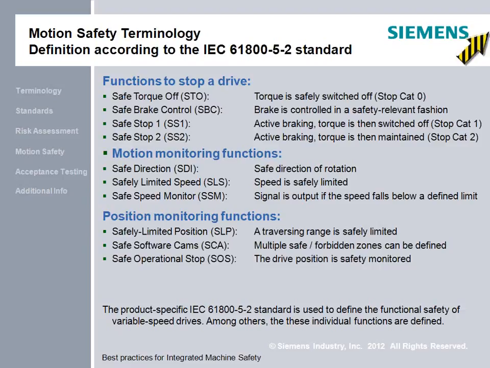We would use this on a machine tool as an example. When the operator door is open, we could use this function to limit the speed of the axis to 2 meters per minute as an example, and guarantee that under no failure circumstance that's covered by the safety function that axis would exceed that speed.